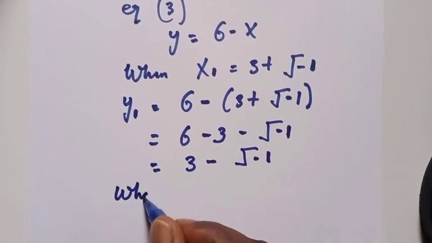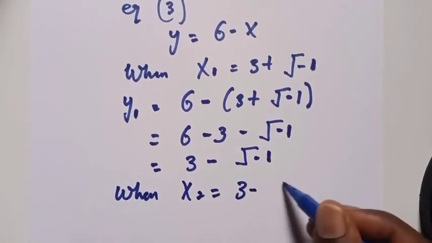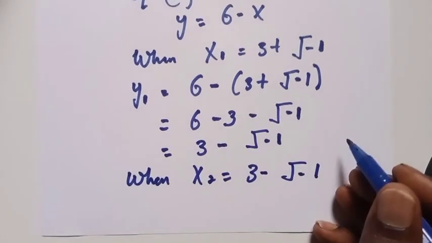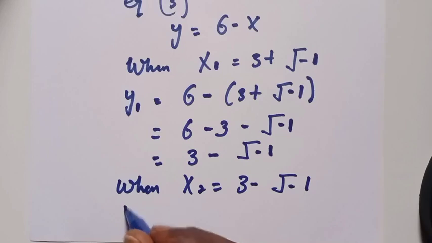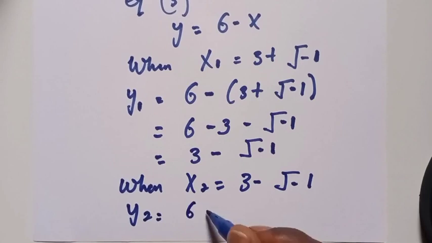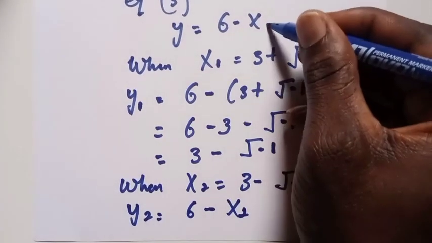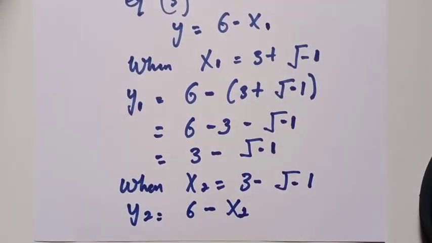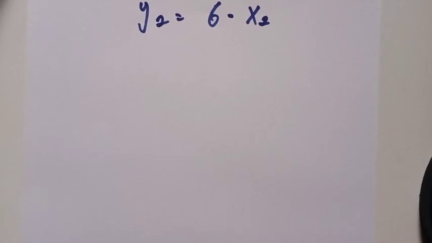Now, when x2 is equal to 3 minus root minus 1, we have y2 equal to 6 minus x2. So substitute the value of x2 into this equation.